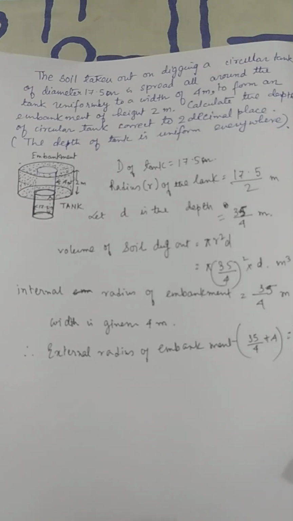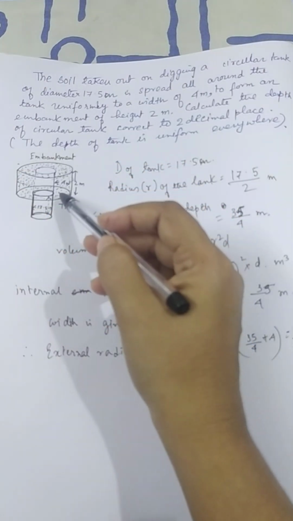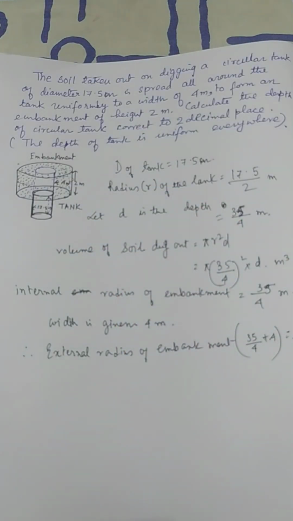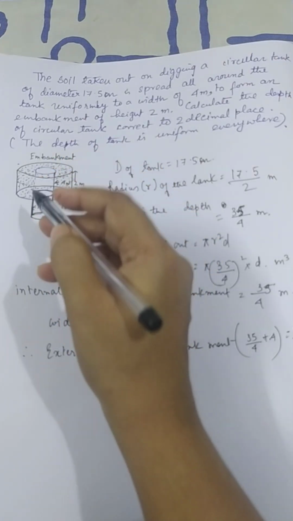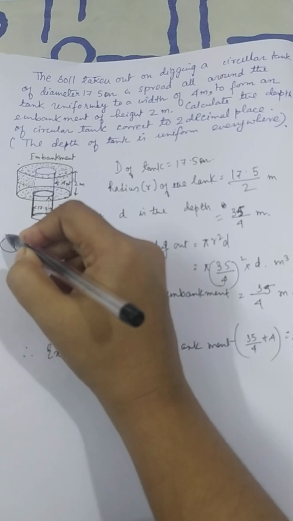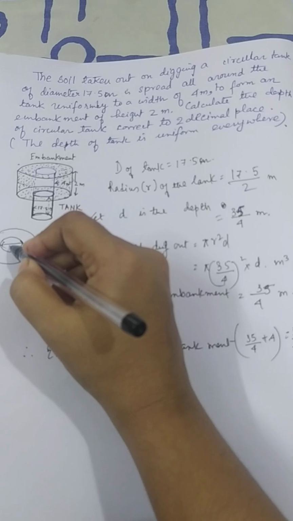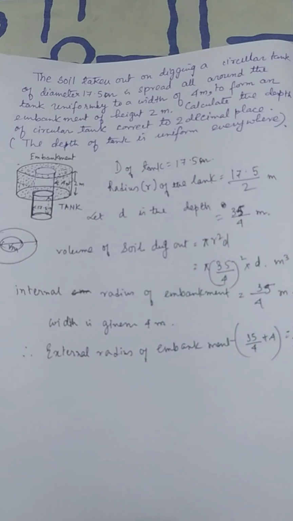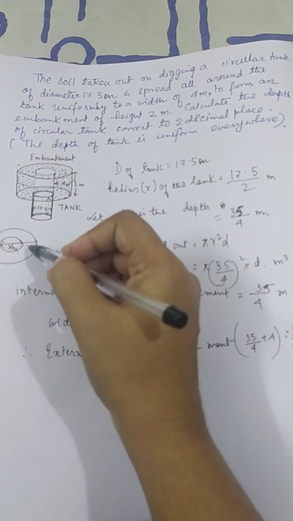And what is embankment? It is nothing but the amount of the soil which is excavated, and so it makes an embankment side. It is the uprisen part of the soil. It is called the embankment. Inner part is hollow, outer part is ring like. If I make a cross section of it, the embankment looks like this. It is of the radius 35 by 4, and as width is both side 4 meter, so if I take, 8 meter will be the total diameter added, right?